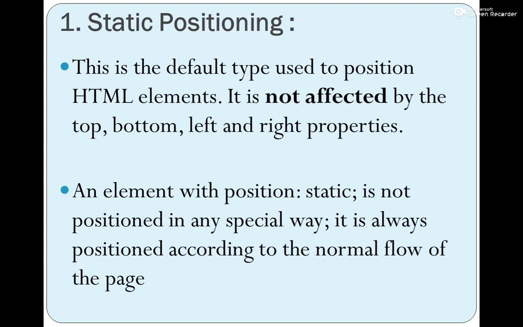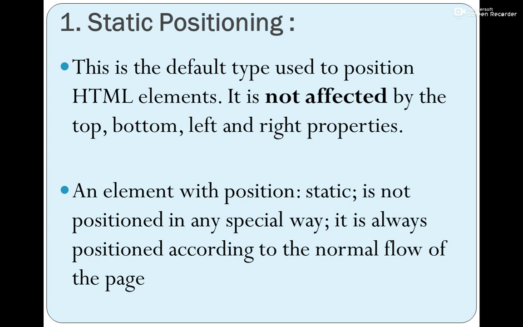What does this sentence mean? Normal flow means suppose I have got 3-4 lines in my body tag. I hope you remember whatever is there in the body tag, all those lines are going to be printed, right? So these were printed how? They were printed sequentially.